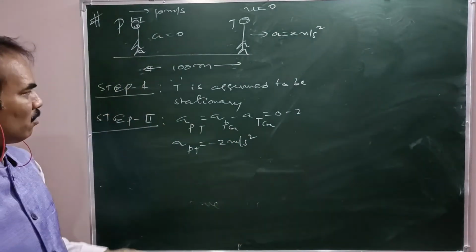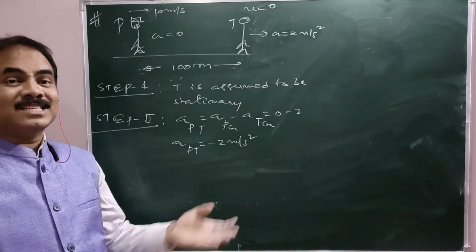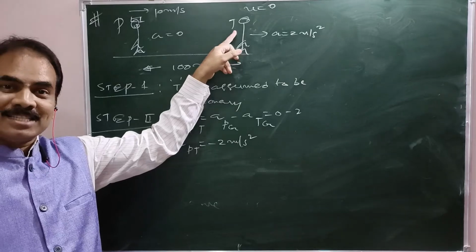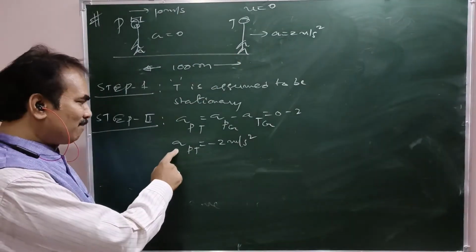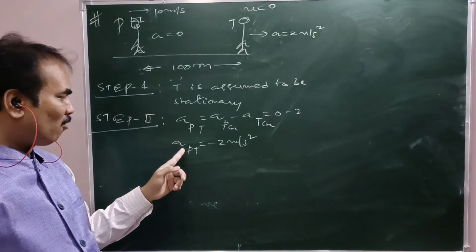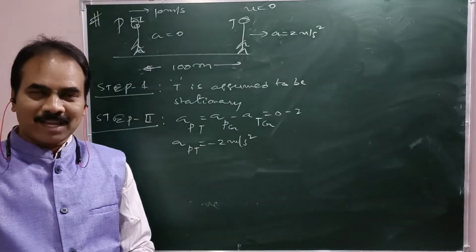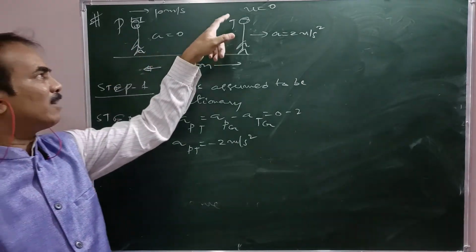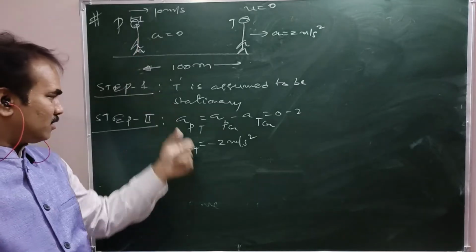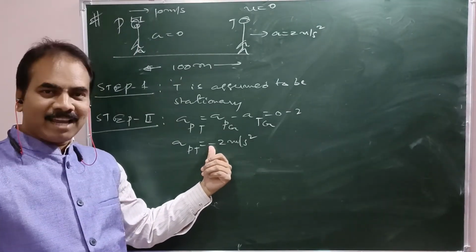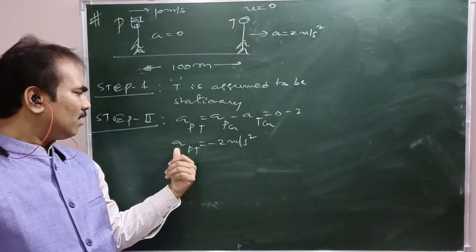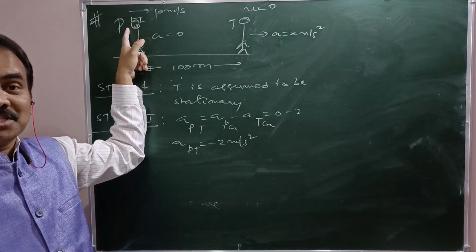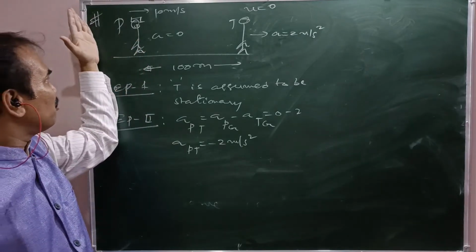Right? So in step 2, what shall we find? Acceleration of policeman with respect to thief, by keeping thief stationary, even though he is under motion. So from this, what is the inference? Acceleration of policeman with respect to thief is minus 2 meters per second square, in the sense, even though the acceleration of policeman with respect to ground is 0, with respect to thief he is under retardation. See, here we have a negative sign for acceleration. With respect to thief, policeman is under retardation. Of course, with respect to ground, he is under uniform motion.